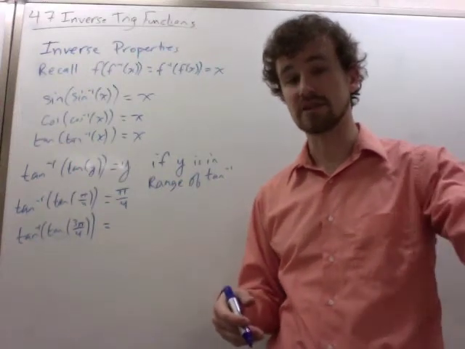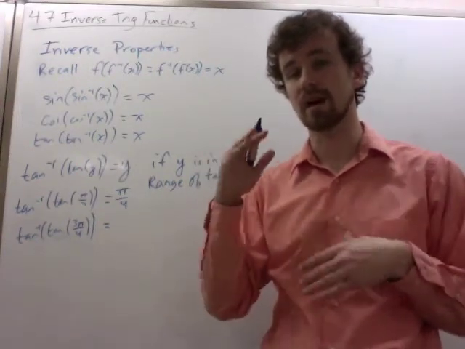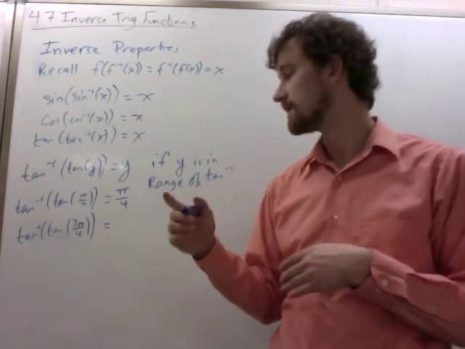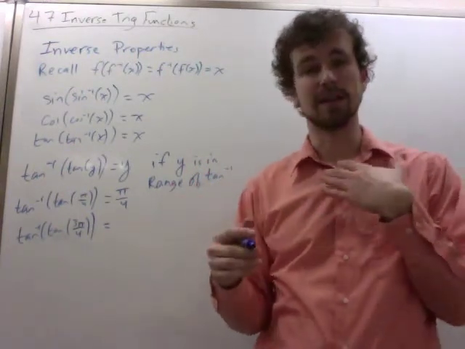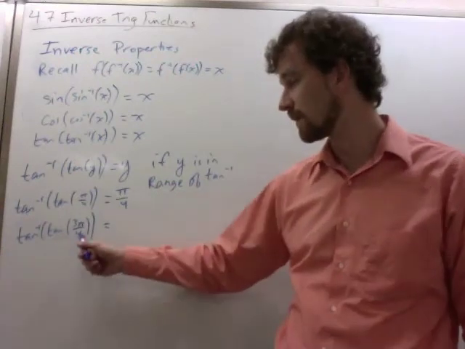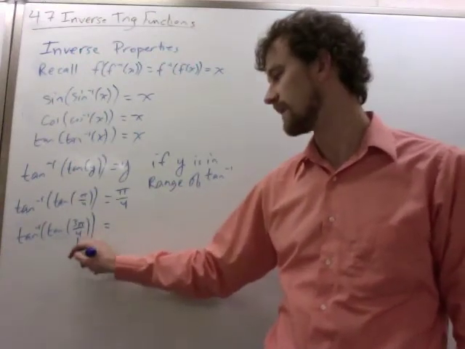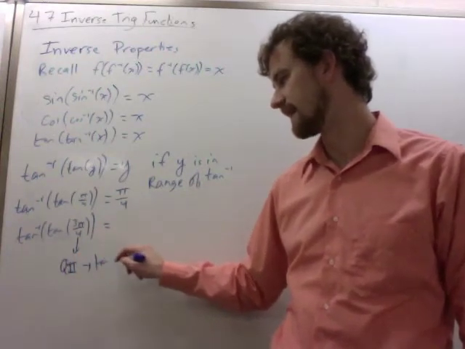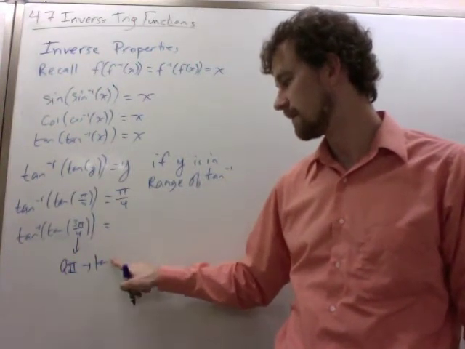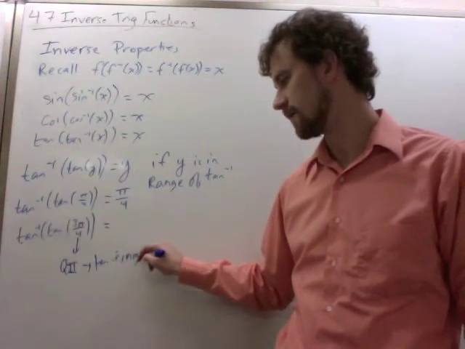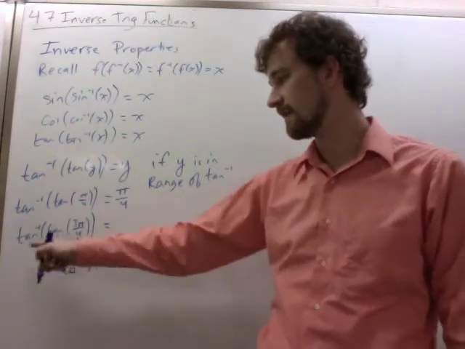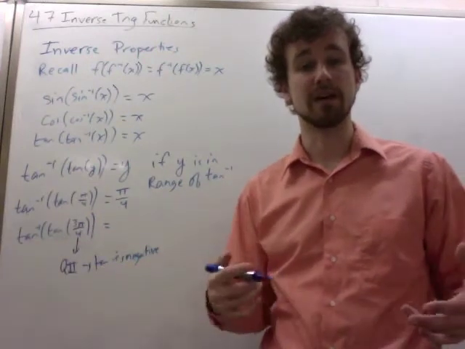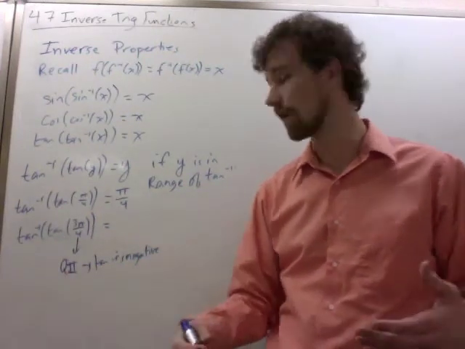The inverse tangent only gives you values in quadrants 1 and 4, and those values are negative in quadrant 4. So even though 3 pi over 4 is a quadrant 2 angle, where tan is negative, the inverse tangent function only spits out values in quadrants 1 and 4.